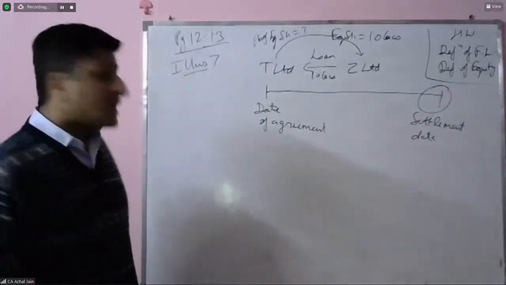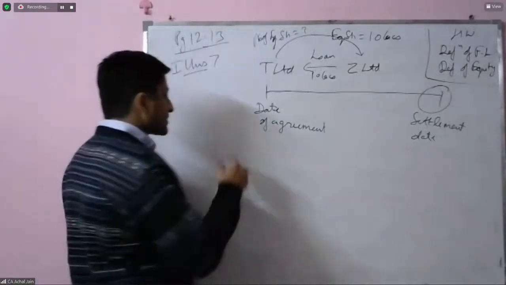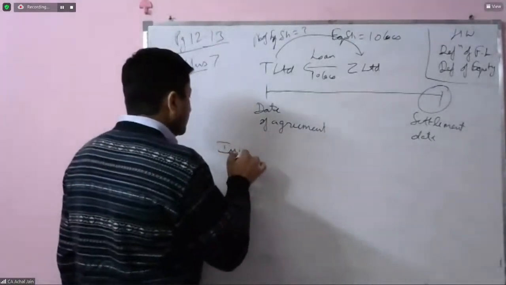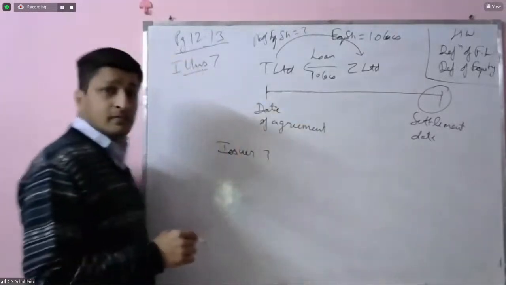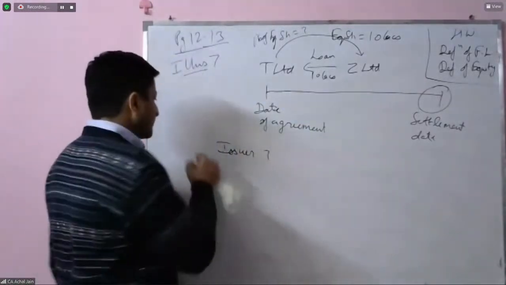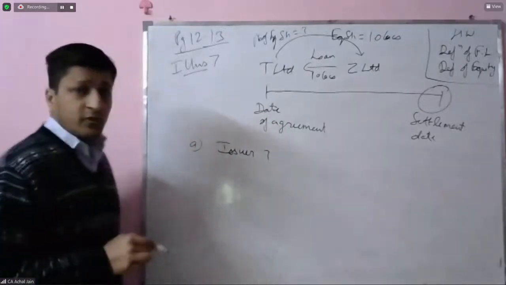Okay. Now in this case, please listen to my questions carefully. First, you need to tell me who is the issuer. So my first question, you can say question number A: who is the issuer?